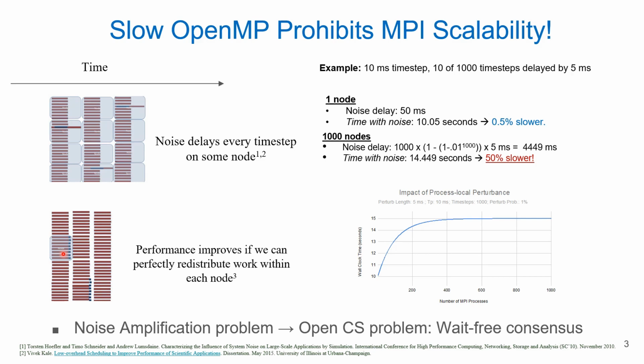So given many applications use MPI plus OpenMP, it really falls on OpenMP to handle this kind of work redistribution and optimization. This means that inefficient and performance-variable OpenMP can prohibit MPI scalability. This is a key and underlying reason why optimizing OpenMP is so critical to our exascale supercomputers.